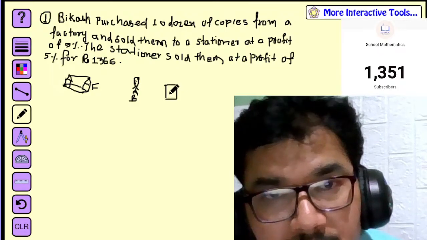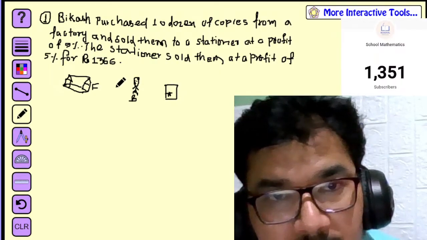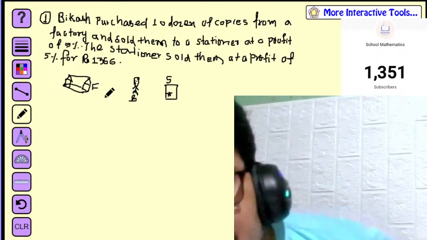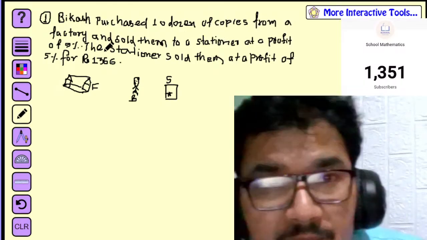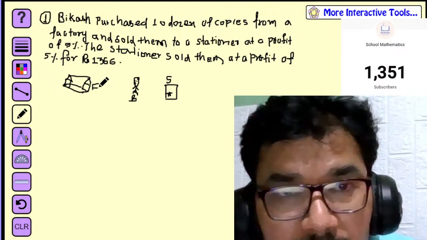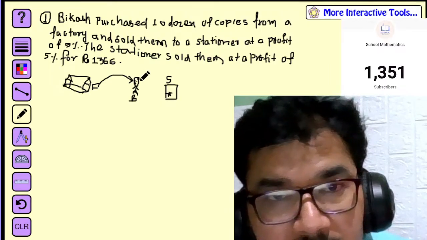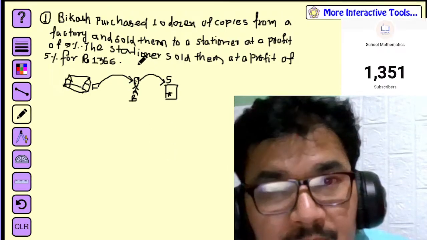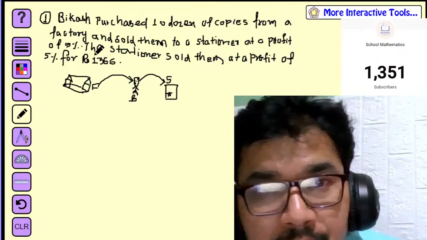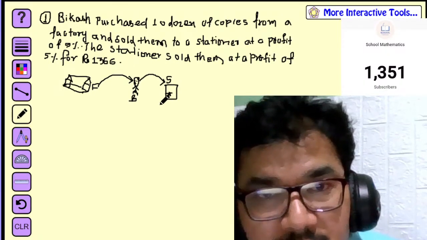There is given stationer here. Bikash has purchased 10 dozen of copies from the factory, and then Bikash is selling to the stationer. And the final one, the stationer has sold them.